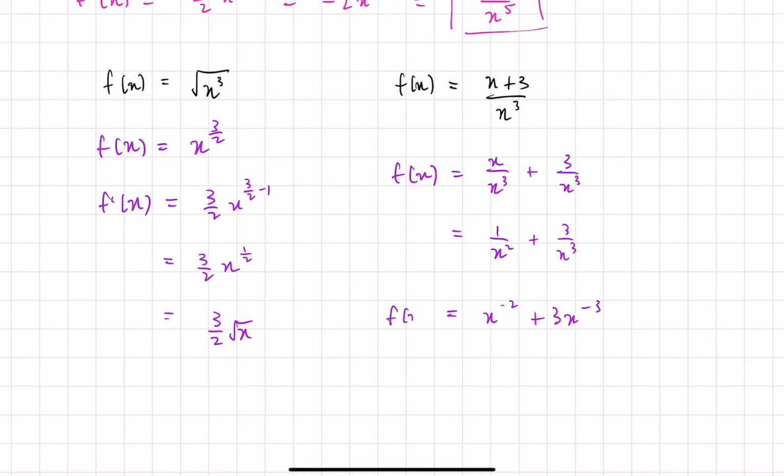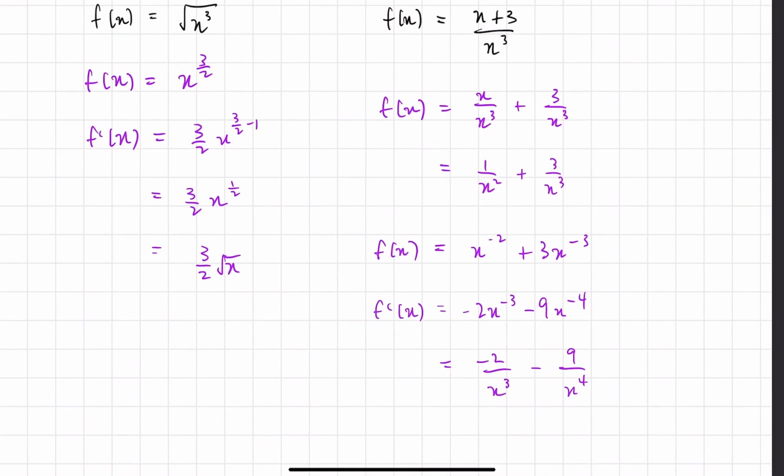And then now we are able to differentiate. Minus 2, x to the minus 3, minus 9, x to the minus 4. And then again, just change it back to the form that the question gave it to us as. Like that.